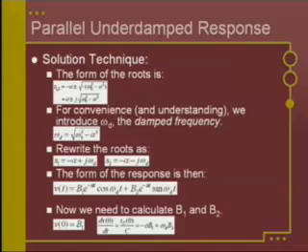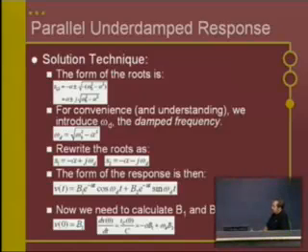So the roots are given as negative alpha plus or minus the square root of negative omega naught squared minus alpha squared. When you solve that all, it's negative alpha plus or minus j times the square root of omega naught squared minus alpha squared. That being said, we don't really use the roots for anything in this particular application.